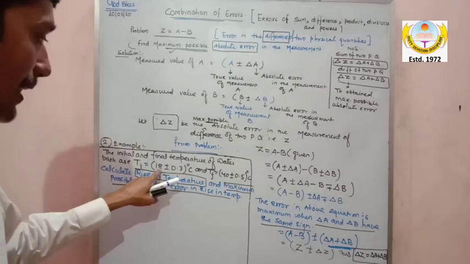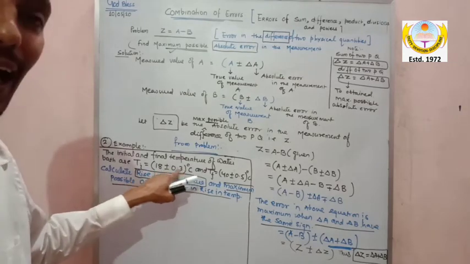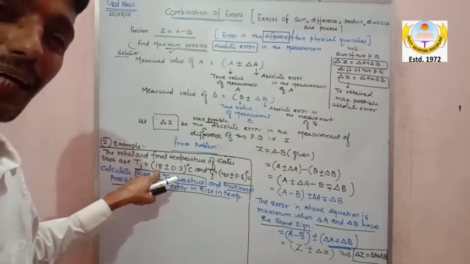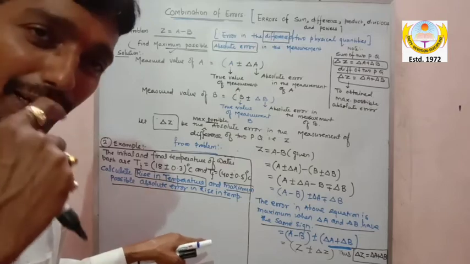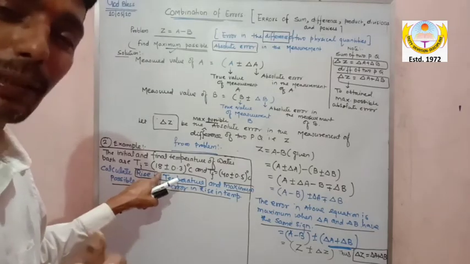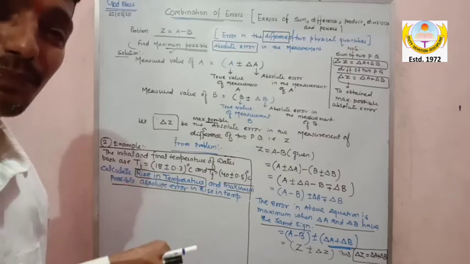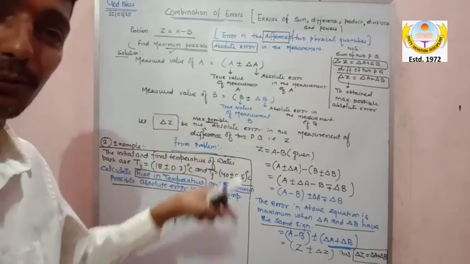It means here the person has measured the initial temperature as 18.3 and 17.7. One person measured 18 plus 0.3, that is 18.3, and another person measured 17.7. One measured less than the true value, one measured higher than the true value.